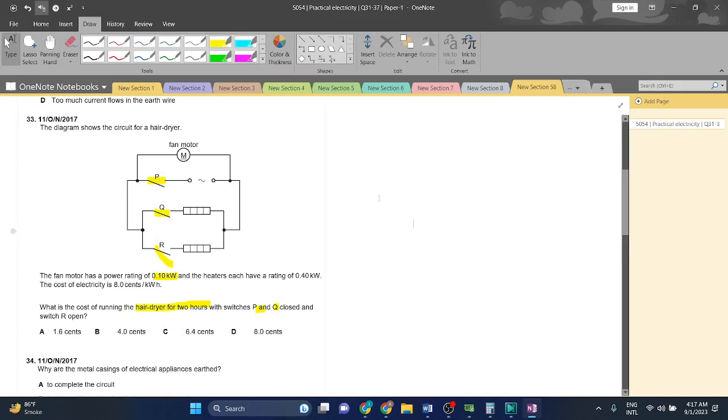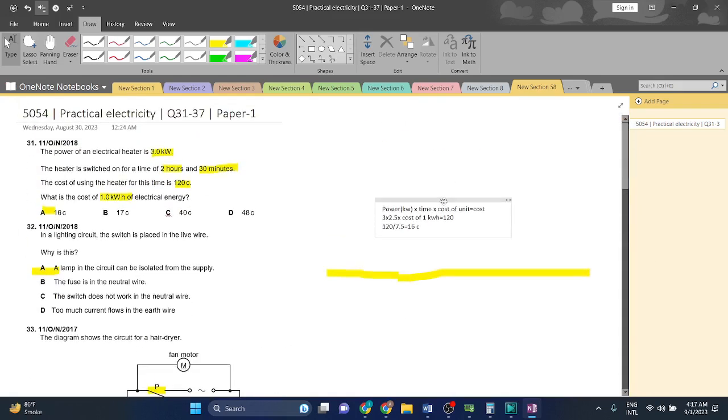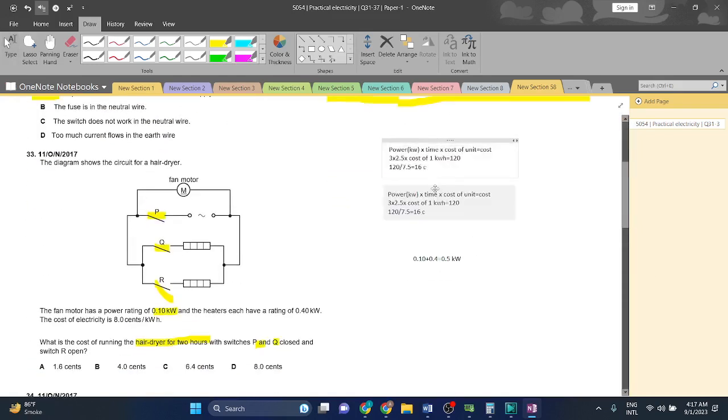Now we have to find the total power. The total power will be 0.10 plus 0.4, because only one of the heaters is working. So that will make the answer 0.5 kilowatts. We have to calculate using the formula: power times time times cost of unit is equal to cost.